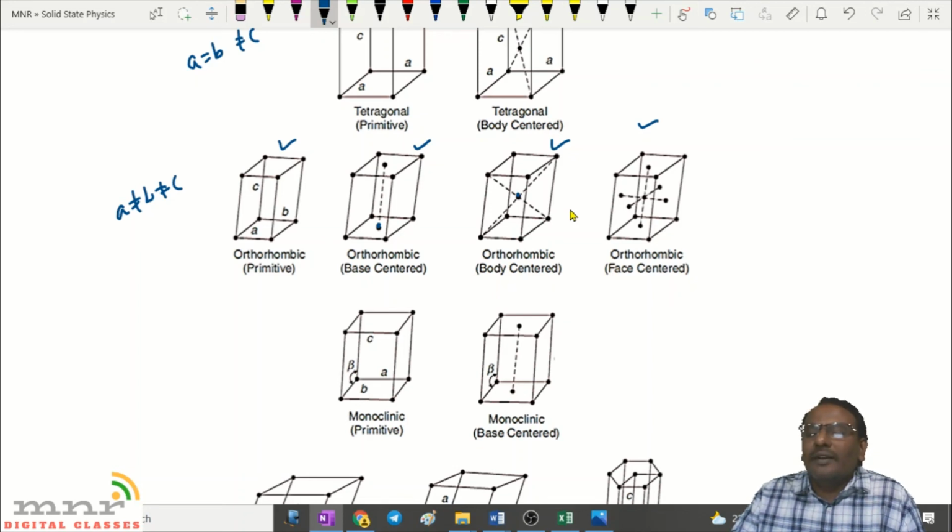Face centered, 6 lattice points at the 6 faces and 8 lattice points at the 8 corners. This is the face centered Bravais lattice for the orthorhombic crystal.